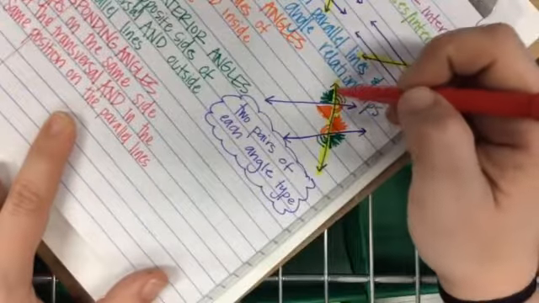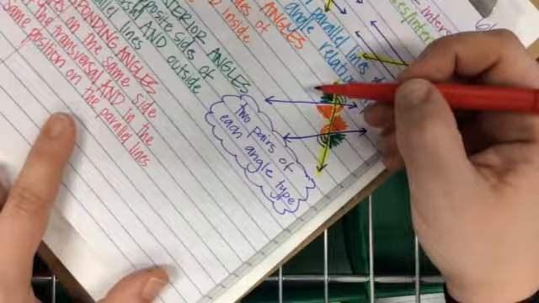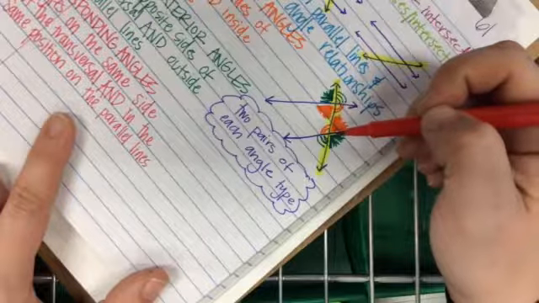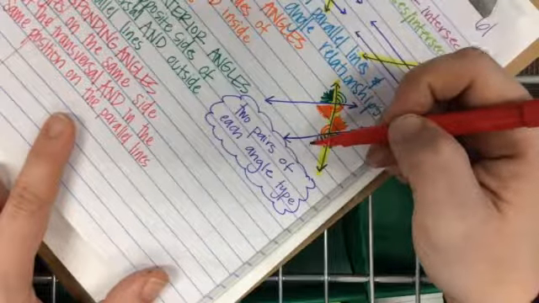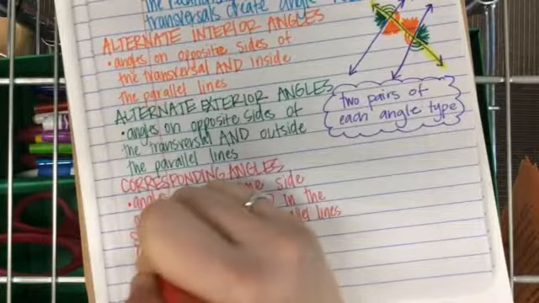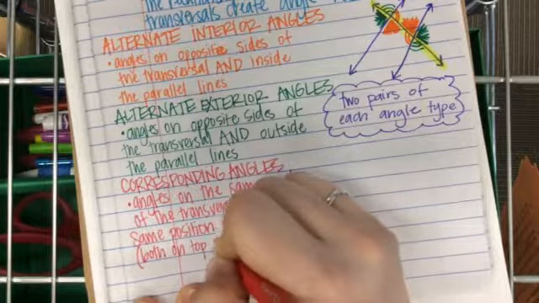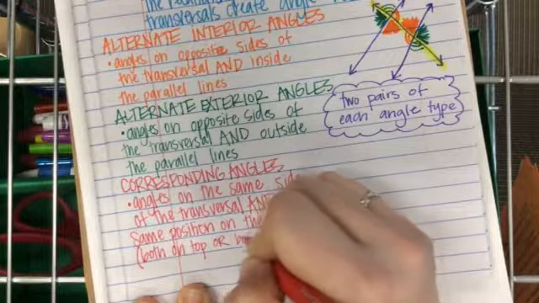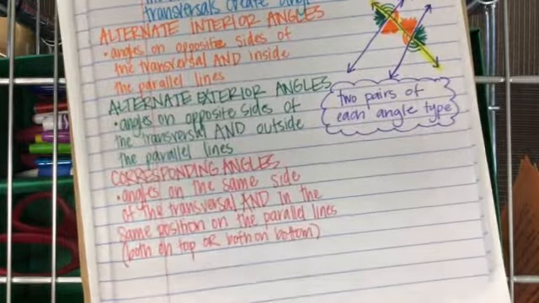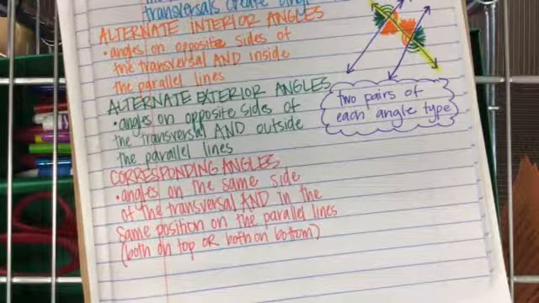So since this green pom-pom was on the left top, what's its corresponding angle going to be? On the left top. So they're both on top or both on bottom. And we're going to draw a picture. Don't you worry.